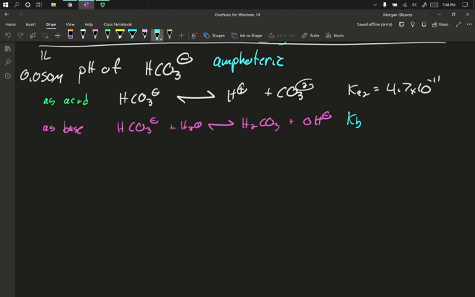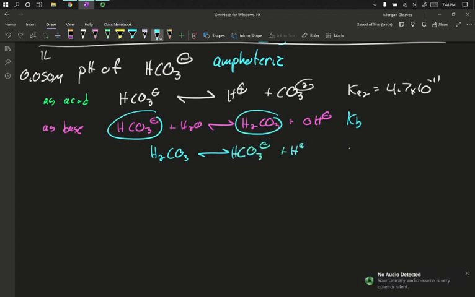Remember that for a conjugate acid-base pair that are reacting, which is bicarbonate and carbonic acid here, your Ka times your Kb must equal Kw. We know the Ka for the first step, or at least we can look it up. Ka1 for carbonic acid was 4.5 times 10 to the minus 7.